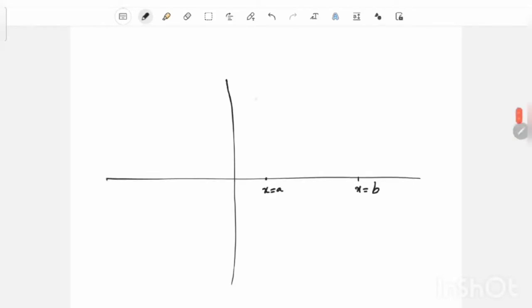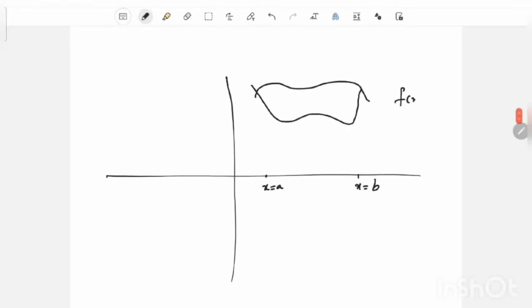Suppose f is a function defined on the closed interval [a, b] and g is another function on the same interval with the condition that f of x is greater than or equal to g of x.